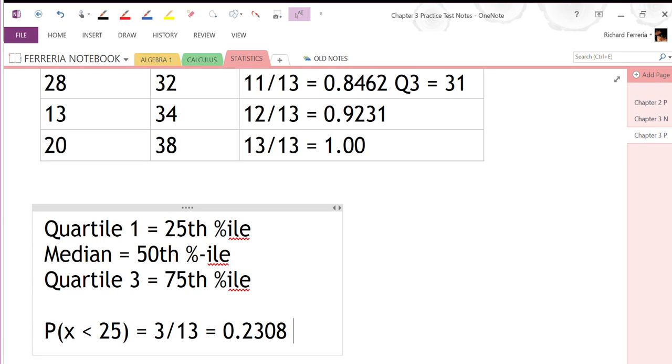Okay. Anything else you want to go over with these? I wasn't quite sure if the 80th percentile is 30 or 40. Well, give me a number that would be the 80th percentile.